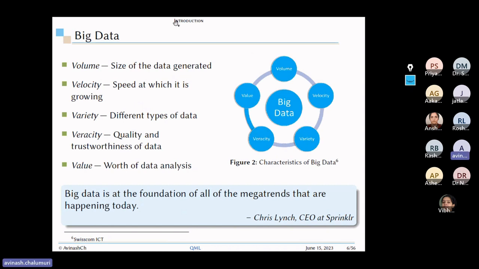With that, as the amount of data is being generated, people started looking at big data and the properties of big data: the volume, velocity, variety, veracity, and value. So the volume at which the data is being generated, and the huge amounts of data, and the velocity at which it is growing, and different types of data being generated.